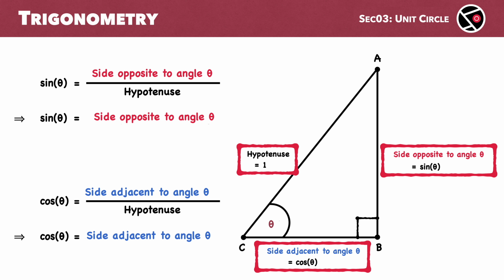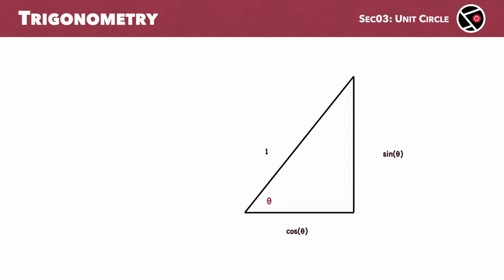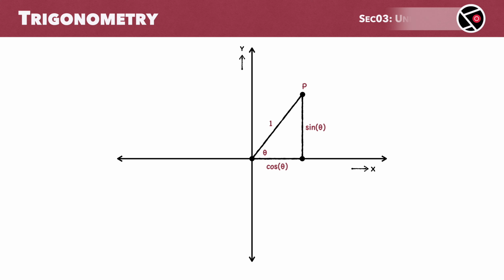We map this triangle to the xy plane. Here's a quick refresher on this two-dimensional coordinate system. The horizontal line is the x-axis and the vertical line is the y-axis. The intersection of the x-axis and the y-axis is the origin at 0, 0.